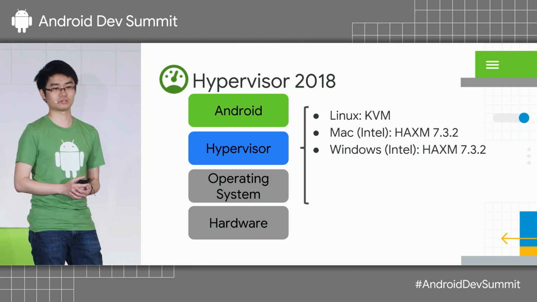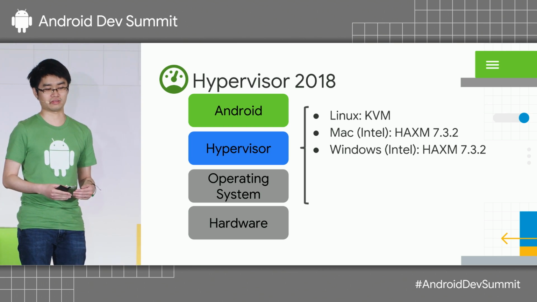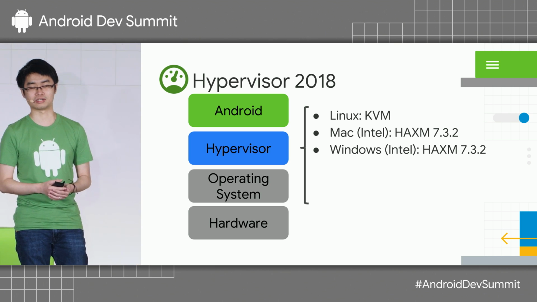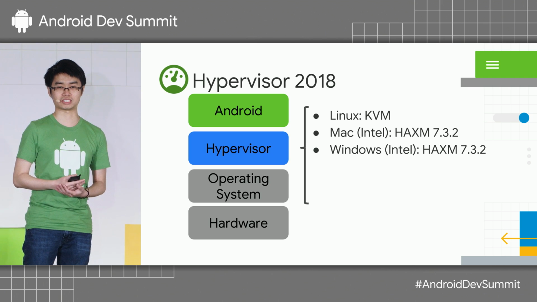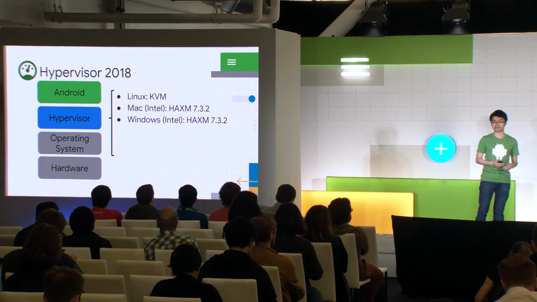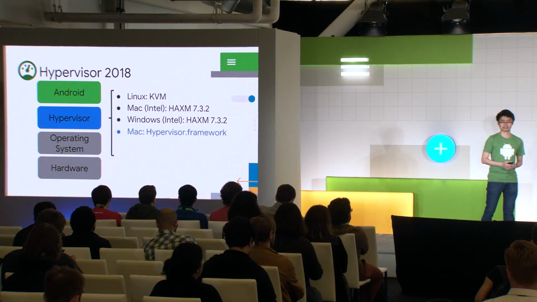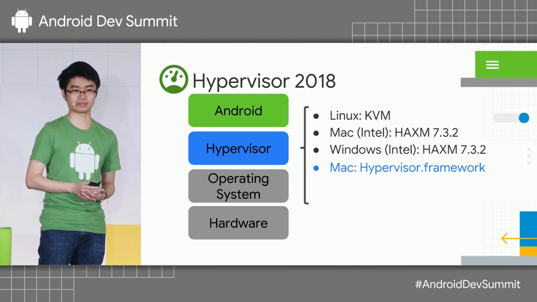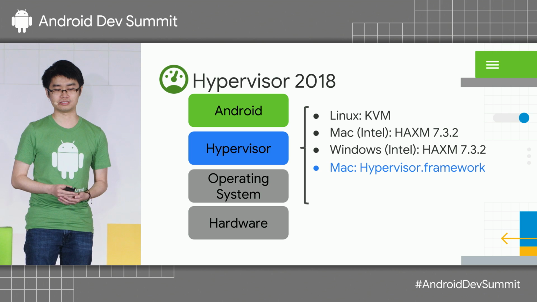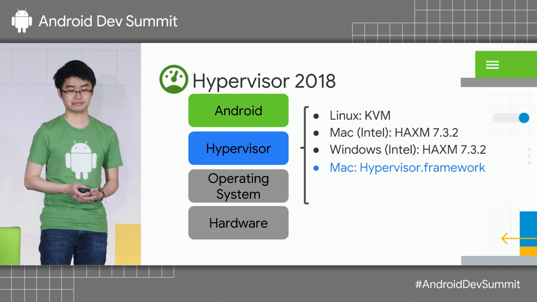It's 2018 now, things progress pretty fast, and obviously we have new hypervisor support. Firstly, we support a newer version of HAXM, 7.3.2, which is more stable than the previous version and also gives you better performance. Then we added Hypervisor Framework support for Mac users, which in most situations is faster than HAXM on Mac.